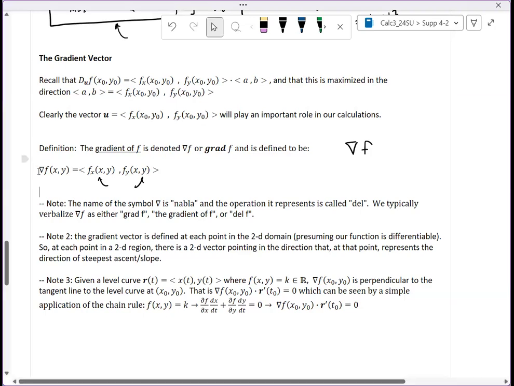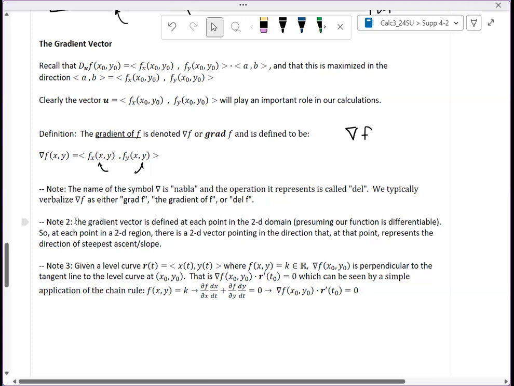And when I say this here, I'll typically either say grad f, the gradient of f, or del f. Those are the three primary ways to say it. And then, of course, if you want to say explicitly what your arguments are, you might say something like grad f at xy, or del f at x naught y naught, something like that.